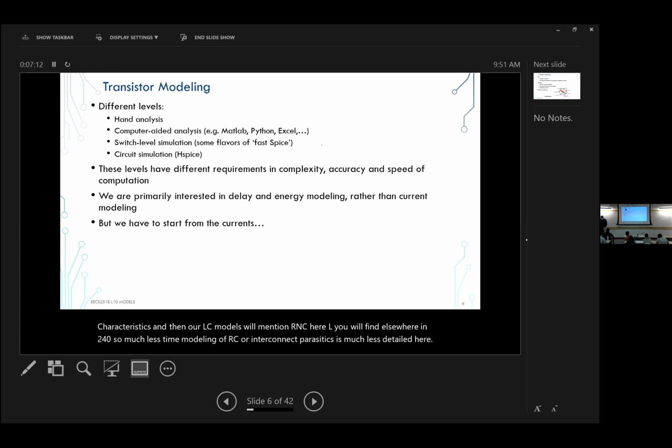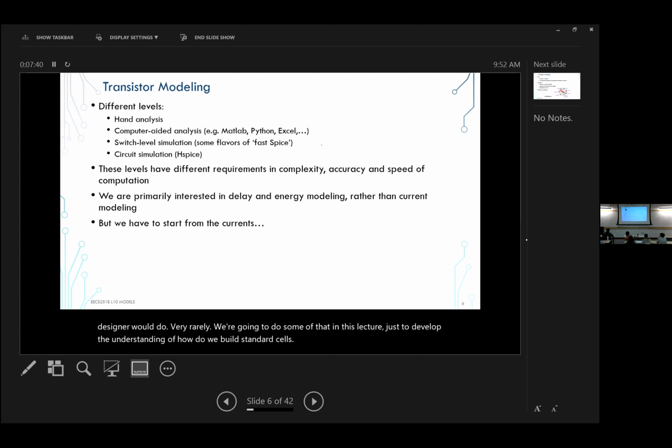When we talk about transistor modeling, you'll understand different levels, different needs, depending on what we are trying to accomplish. There is some amount that is used for hand analysis, and that is something that a digital designer will do very rarely. We're going to do some of that in this lecture, just to develop the understanding of how we build standard cells.